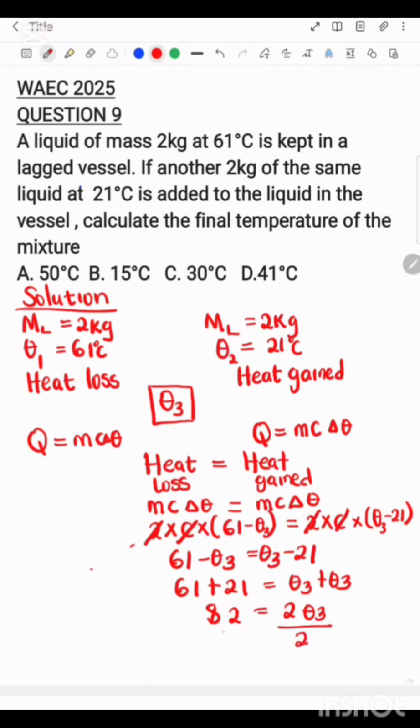Divide both sides by 2. 41 degrees Celsius, which is theta 3. So the option here, option D, is the correct option, 41 degrees Celsius, and that is the final temperature of the mixture. And at this temperature, both liquids will be stable. Okay, so thank you.